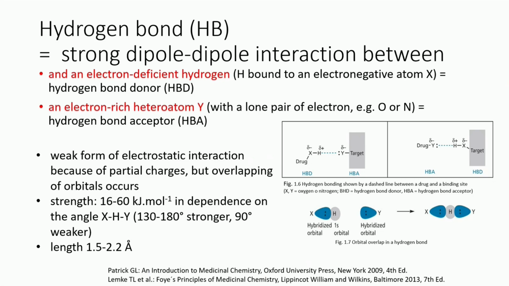This is the hydrogen bond donor. It affords the hydrogen into the bonding, and the other partner is an electron-rich heteroatom, typically oxygen or nitrogen, or any atom with a lone pair of electrons, which represents the hydrogen bond acceptor.